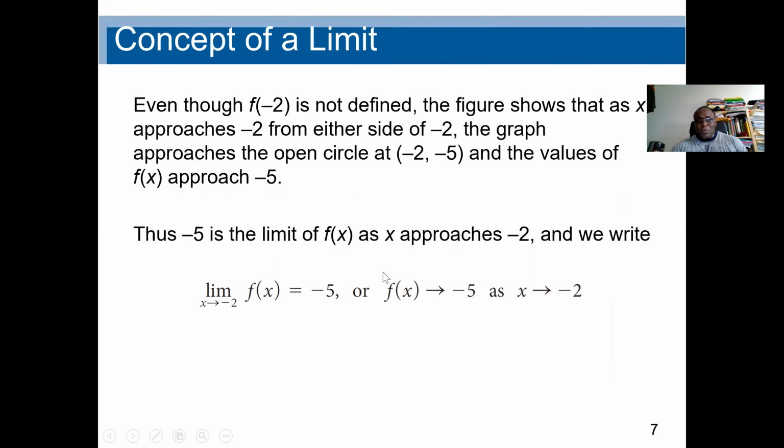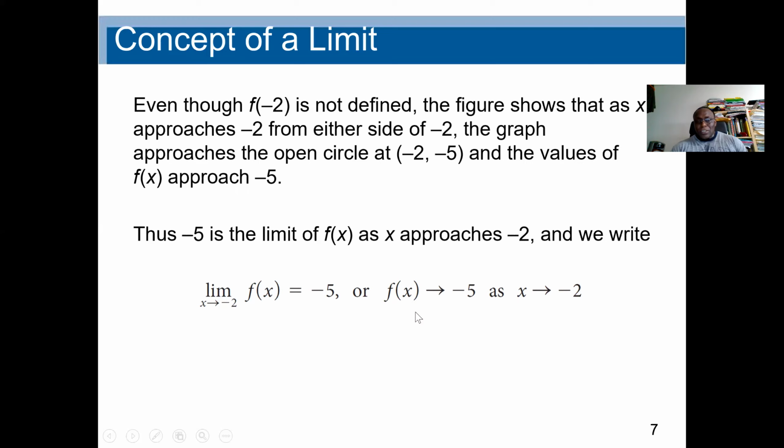Again, this is the concept of a limit. We may go into more detail on it. For example, we use the term lim as the limit. What we have here reads as the limit of f(x) as x approaches -2, and that will give me -5.